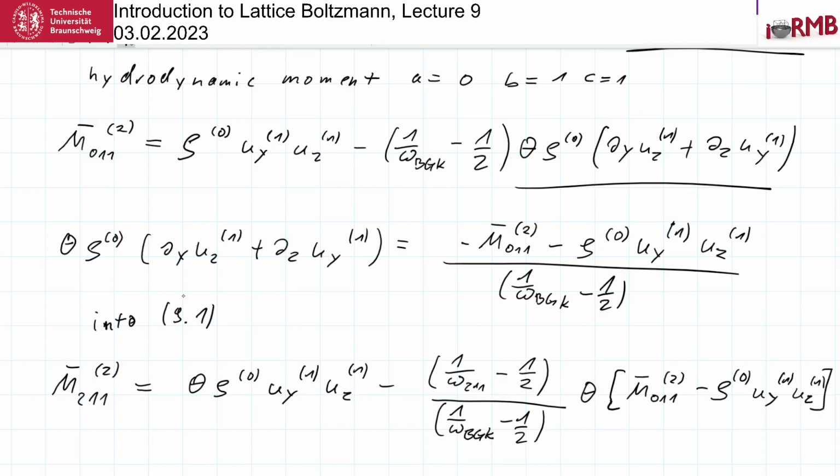So these guys, this here and this here, would disappear if we look at central moments rather than raw moments.